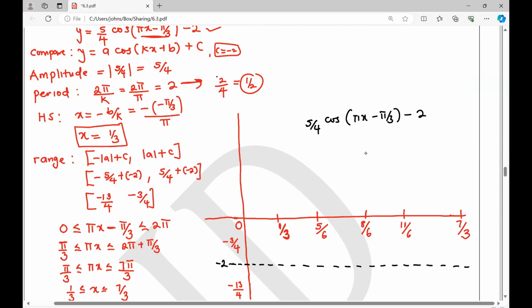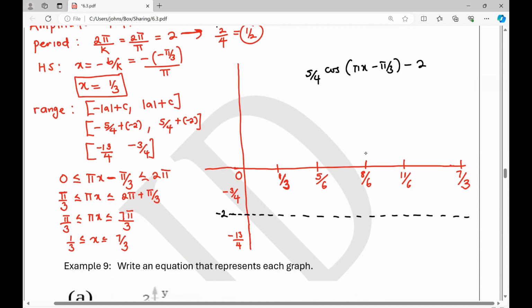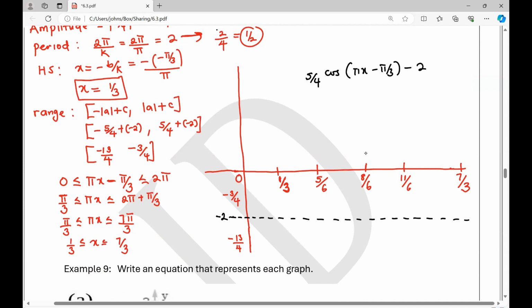So it's a cosine graph. Now, since it's a cosine graph, remember, we are not starting from 0. Our first point is this one, 1 over 3. So at 1 over 3, we are going to go to the maximum, because we are dealing with the graph of cosine, yes?